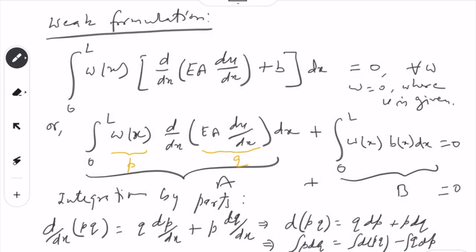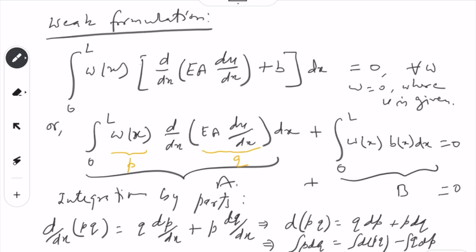Now I realize we had used a for a different thing. We have a here already, so let us call it a1 and b1.